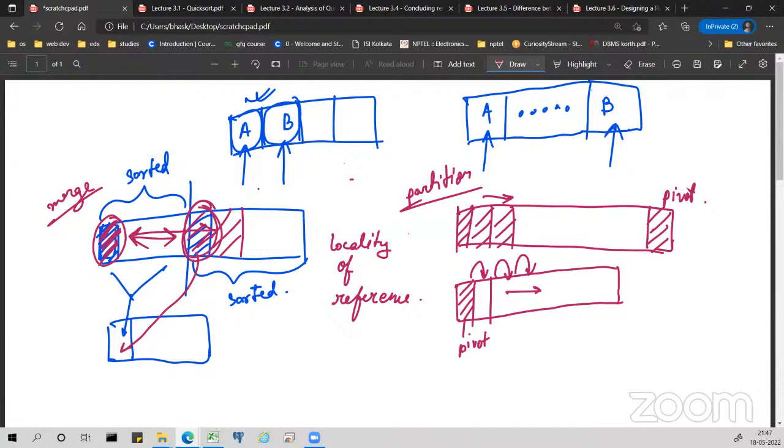But again, there is one condition coming into play: if the data set is very large, then the hardware optimization may be overshadowed by the extra time that quick sort may take when you have order of n square cases coming. Right. So very interesting, right? You can have the algorithmic point, that is the timing point, and also you can have the hardware point. There are both advantages and disadvantages. You have to figure out what I should choose depending upon the use case.